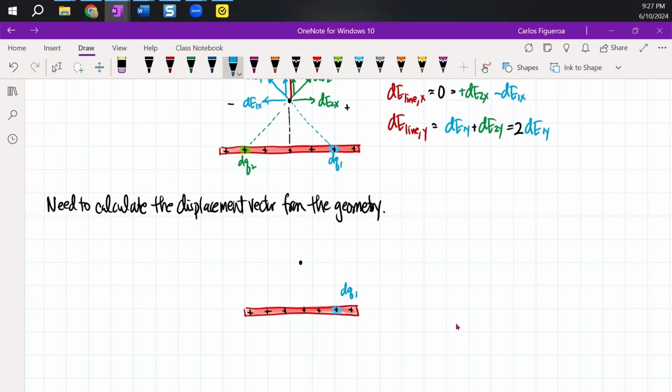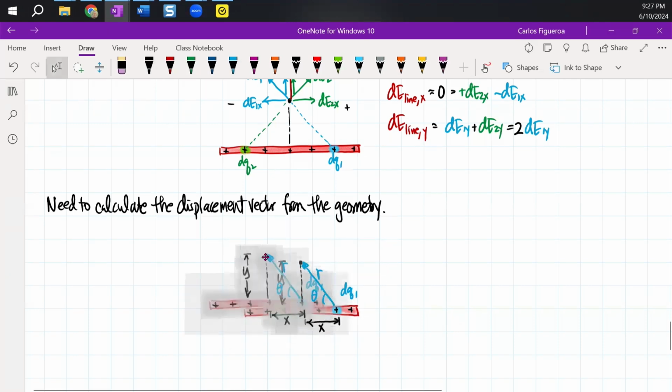But I want to look at the geometry of this. So if I look at the geometry of this, this is what I see. The distance to point P, we call that y. The horizontal distance to dq, we call that x. And you could see here that I have a displacement vector, r, which then has an angle theta.